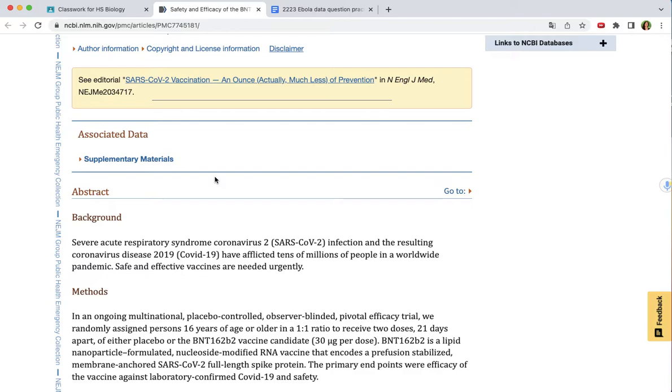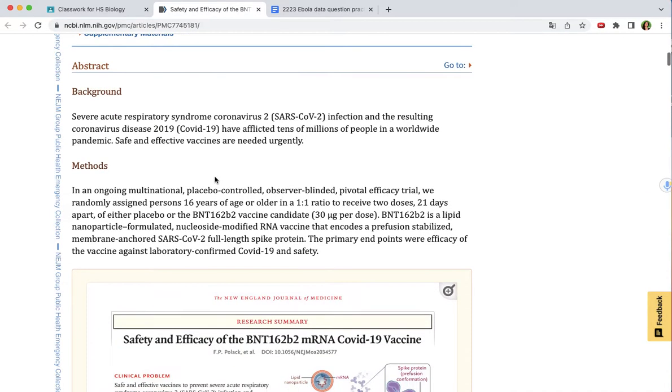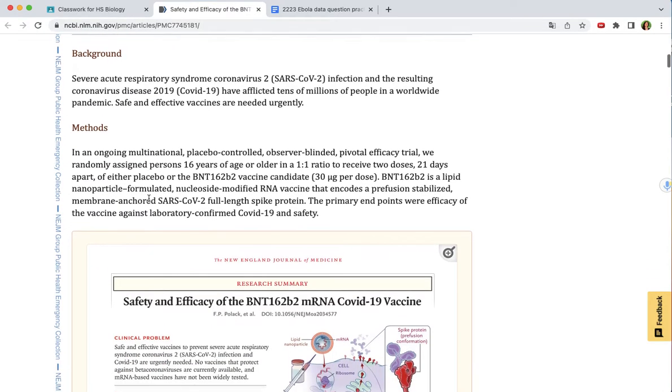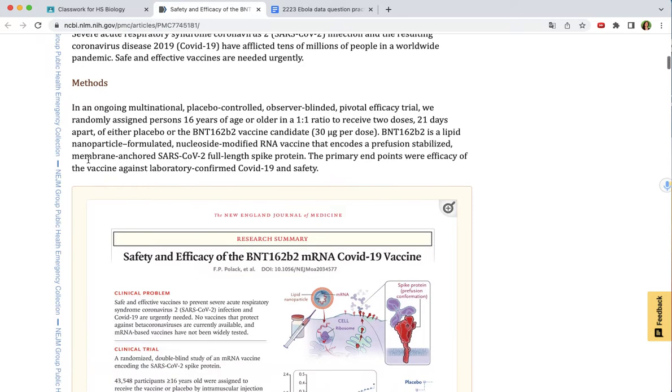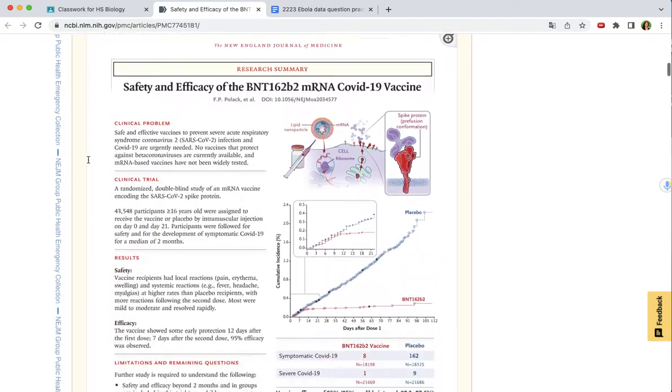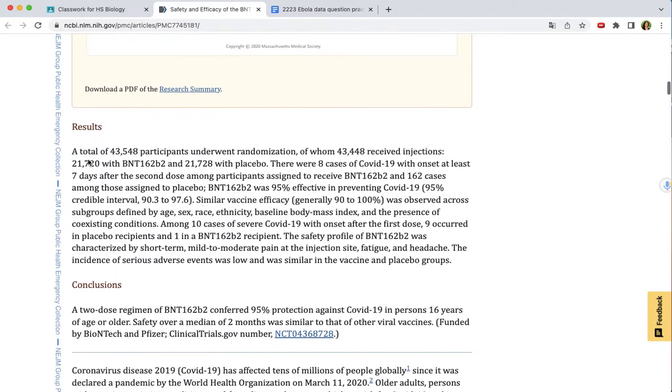And then the controlled variables: when you think about these people taking the vaccine, what about the people themselves, but also the way that the study was carried out, was done the same way for every single person. It's not a super complicated study, but if you read through these methods, you're going to get some ideas about what things they've controlled.